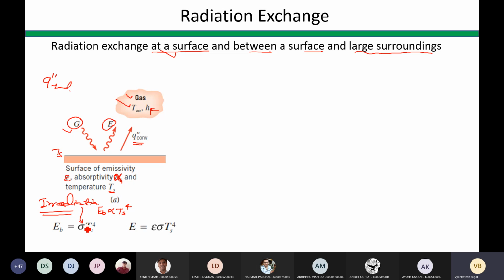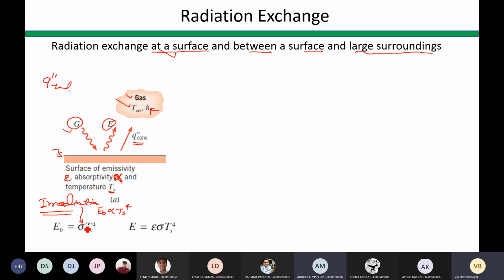What is the value of the Stefan-Boltzmann constant? No, it is 5.67 into 10 raised to power minus 8 watt per meter square K raised to 4. I thought you people must be knowing all this from your 11th, 12th physics background.